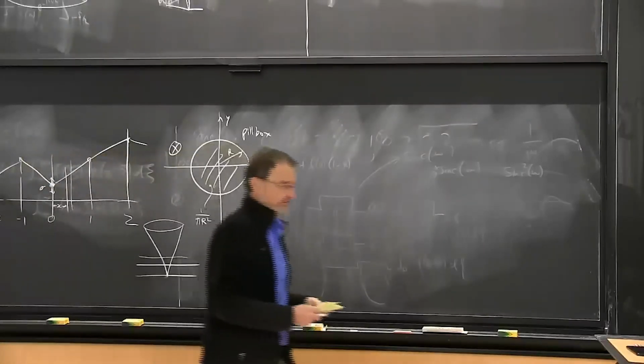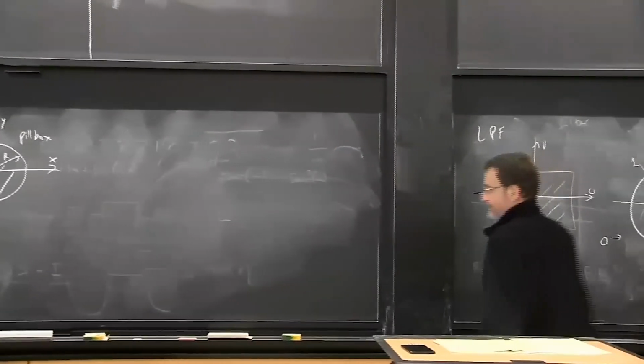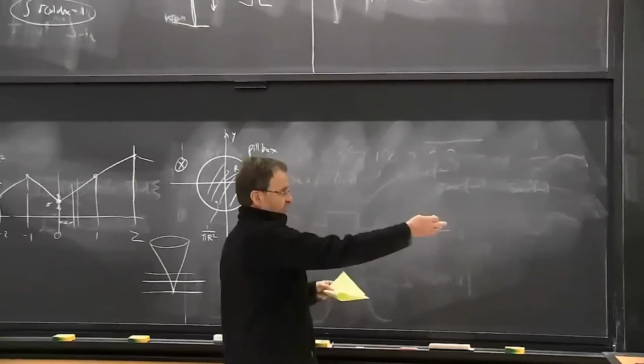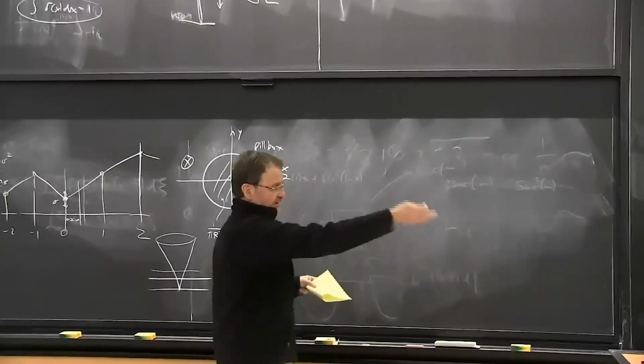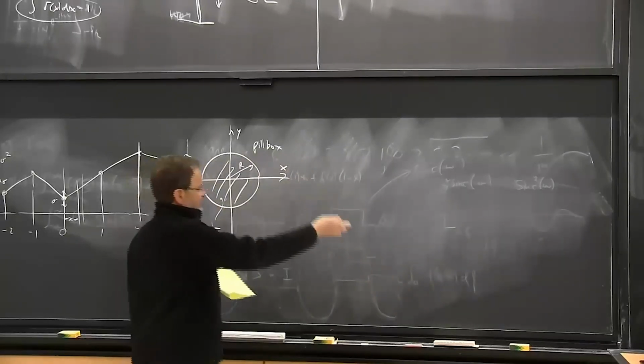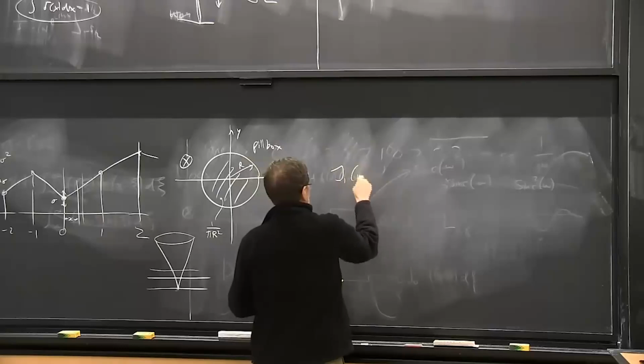Okay, now because of the symmetry of the Fourier transform, we can pretty much just write down the answer. Because if the pillbox in the frequency domain turns into that Bessel function thing in the spatial domain, then a pillbox in the spatial domain should turn into that Bessel function thing in the frequency domain.